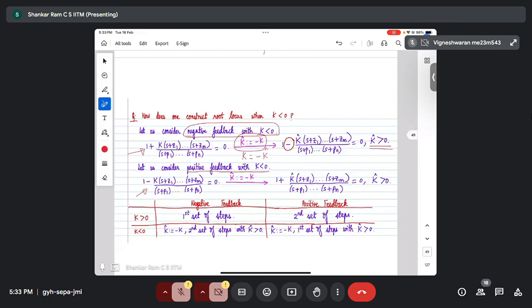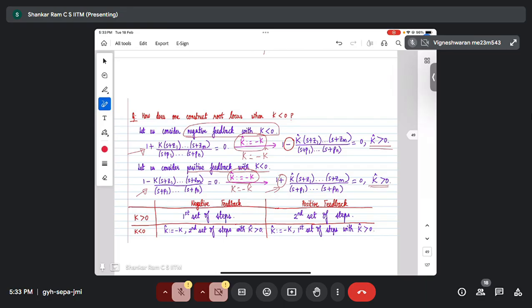We do a similar thing: we define K hat to be minus K, so K becomes equal to minus K hat. This now becomes 1 plus K hat times (s plus z1 all the way till s plus zm) divided by (s plus p1 all the way till s plus pn) equals 0, with K hat greater than 0.